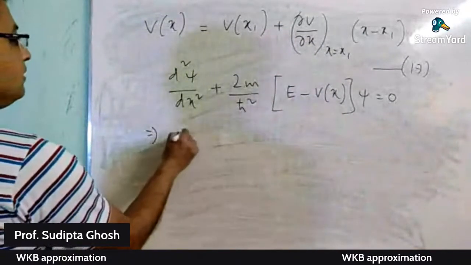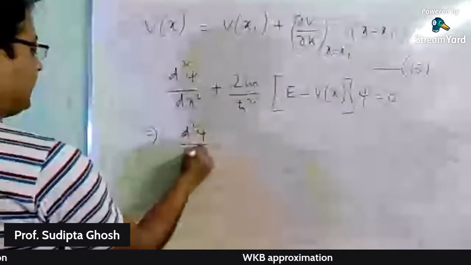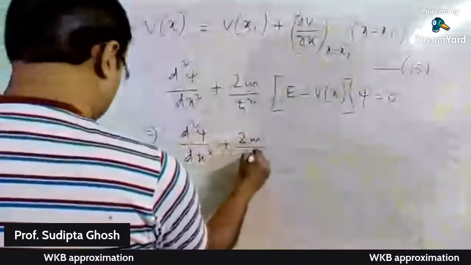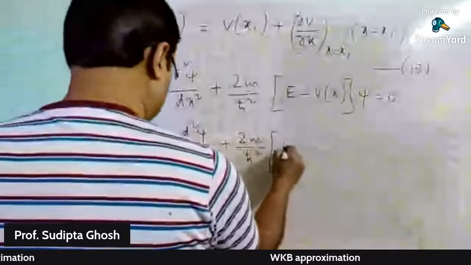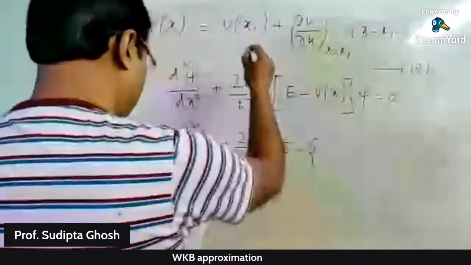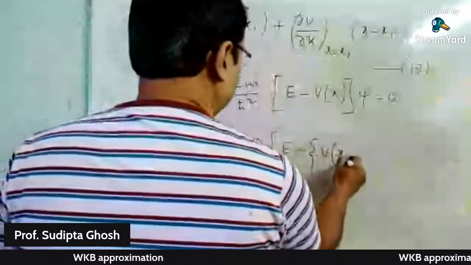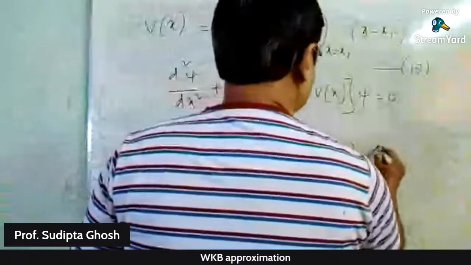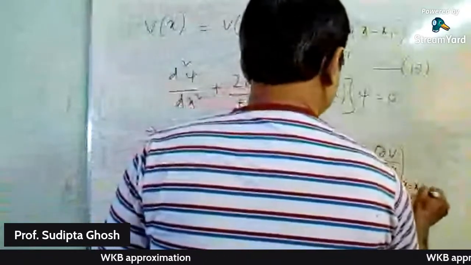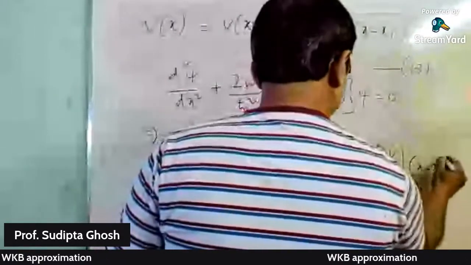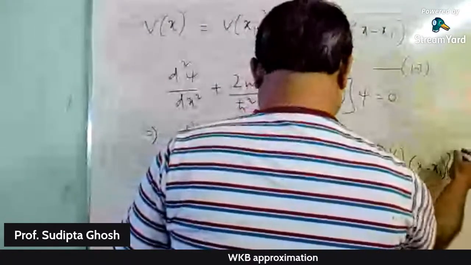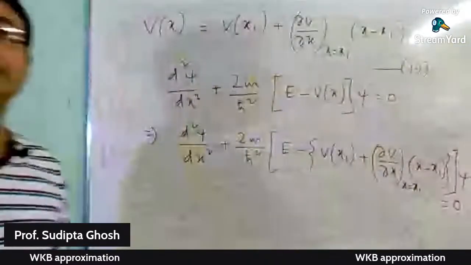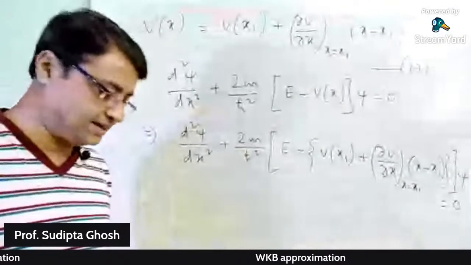Now putting V(x) as I have expanded it in the Taylor series, this is 2m by h cut square, E minus [V(x1) plus del V del x at x equals x1 into (x minus x1)], psi equals 0. So just putting the value of V(x) here.